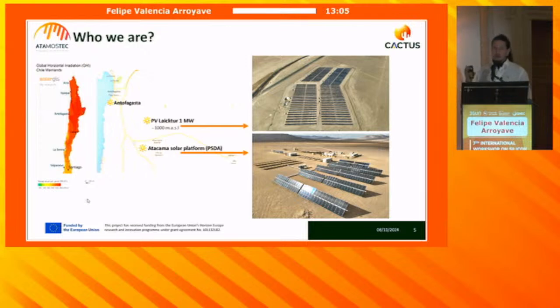And also we use this platform to scale up the other developments that we have, let's say tracking systems, some inverter technologies and these kinds of things. And the Atacama Solar Platform, which is the main infrastructure that we use to test different module technologies so far.